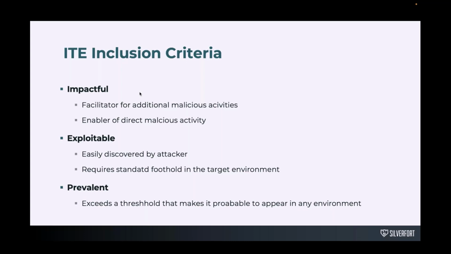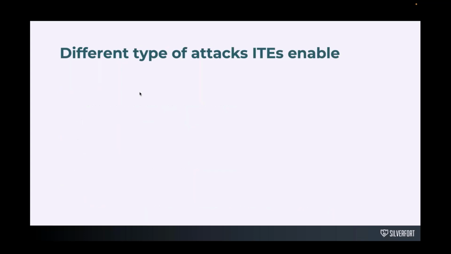Everything we'll talk about here is common. Common basically means that, from the audience here, it's likely that each one of you will have at least one of them in the environment that you are currently running.